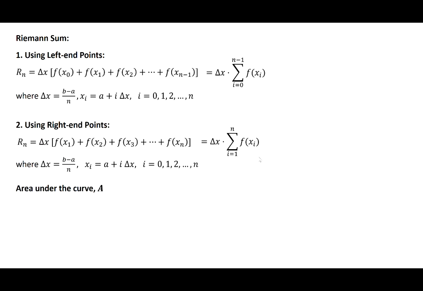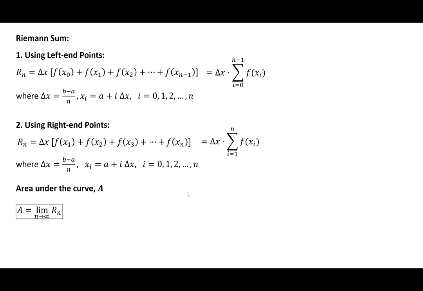Now, did we notice that as we went from one rectangle to 2 to 3, 4, kept increasing, we got better and better values for the approximation of the area under the curve? So what if we increased even beyond that, in fact, headed all the way up to infinity? Guess what? In that case, if you actually went all the way up to infinity, then you got the exact area under the curve.